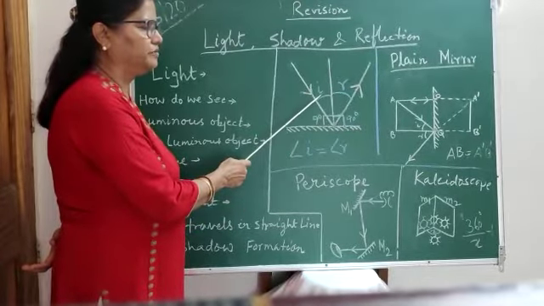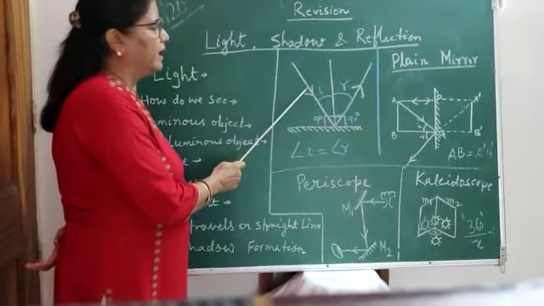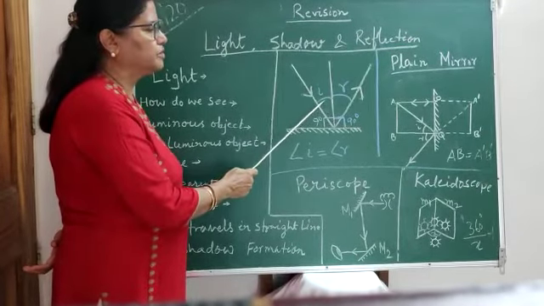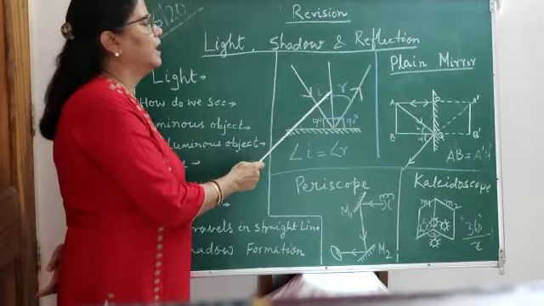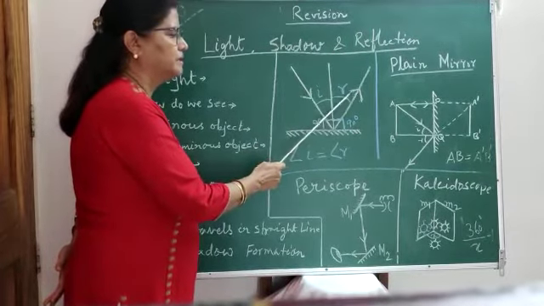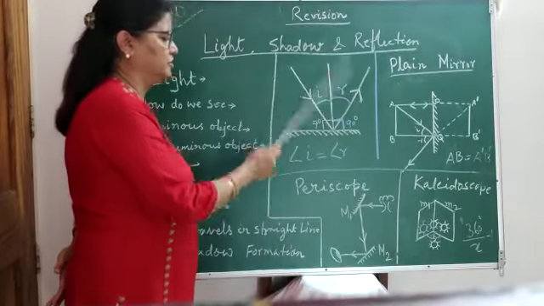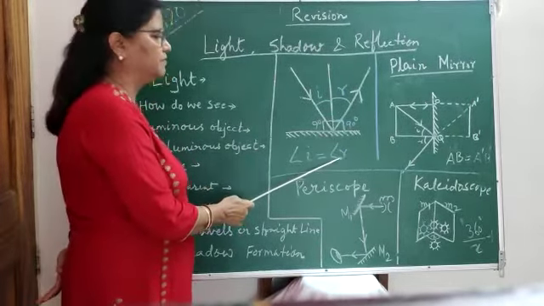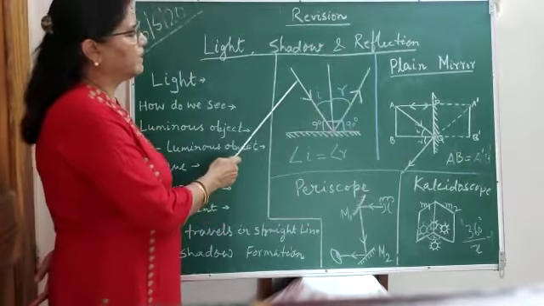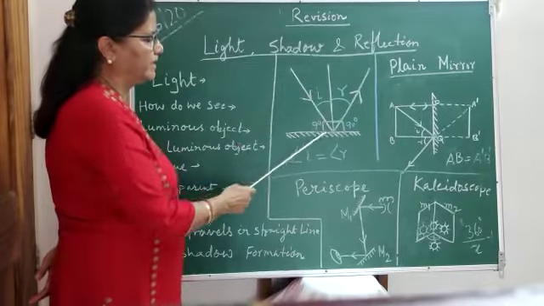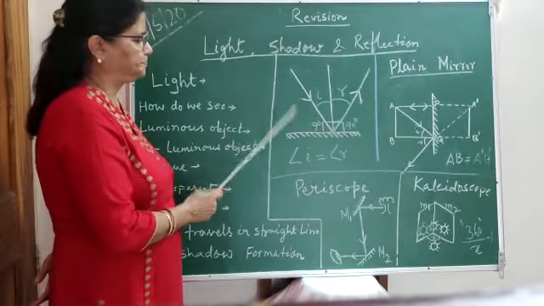The angle between the incident ray and normal is called the angle of incidence, and the angle between normal and reflected ray is called the angle of reflection. So angle of incidence is equal to angle of reflection. This is the first law. Second law is incident ray, reflected ray and normal lie in the same plane.